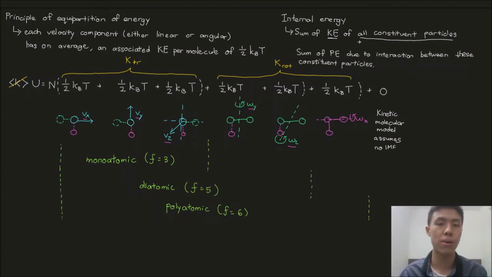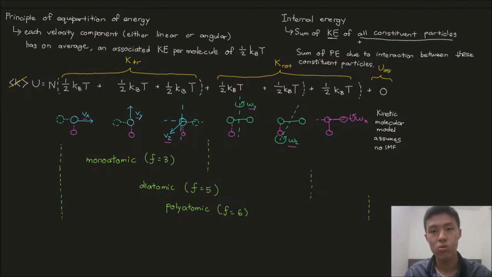If they don't attract each other, there's no IMF, which means there's no potential energy due to IMF. So the potential energy due to IMF equals 0.